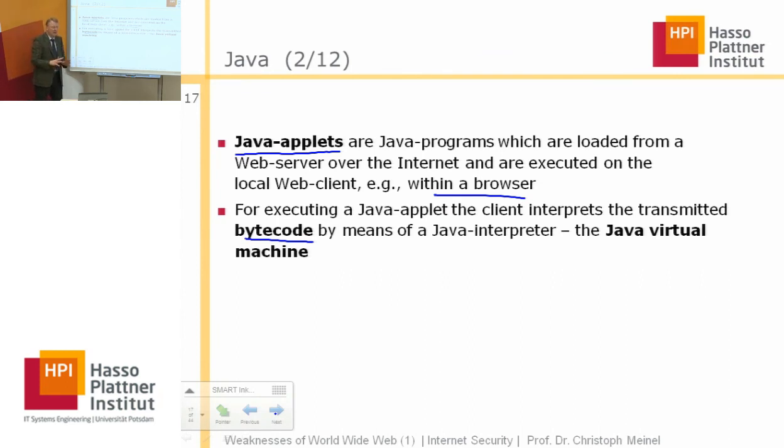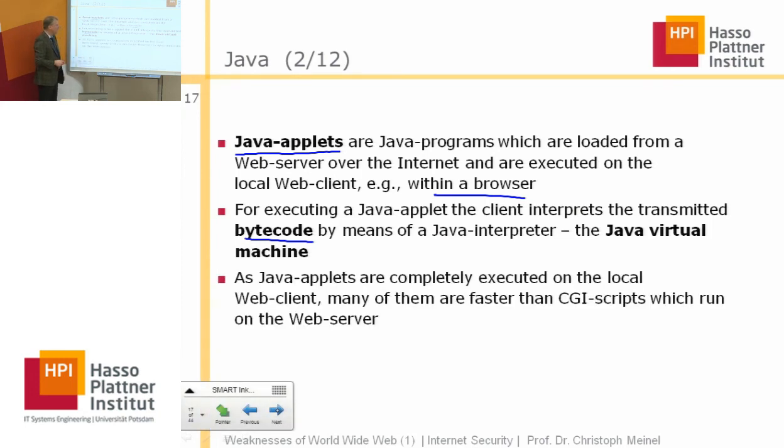So if a Java applet is used, then the client loads over the internet from the server the Java bytecode, and then this Java bytecode is interpreted on the client side by means of the Java virtual machine that is part of the plugin of the web browser.